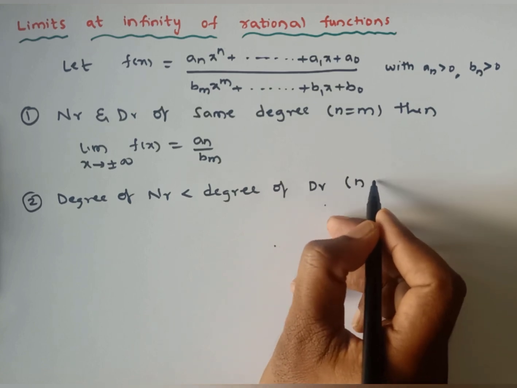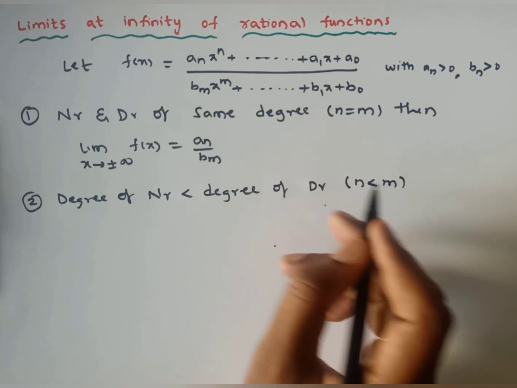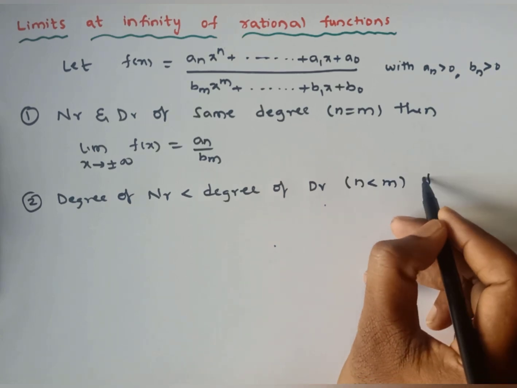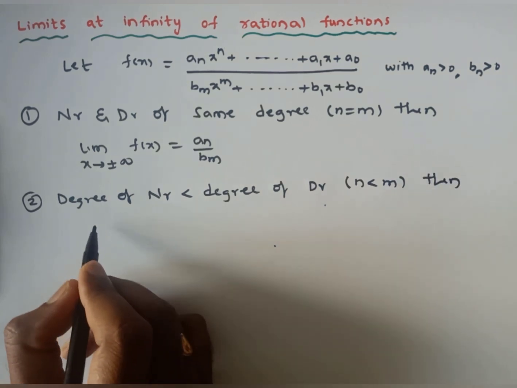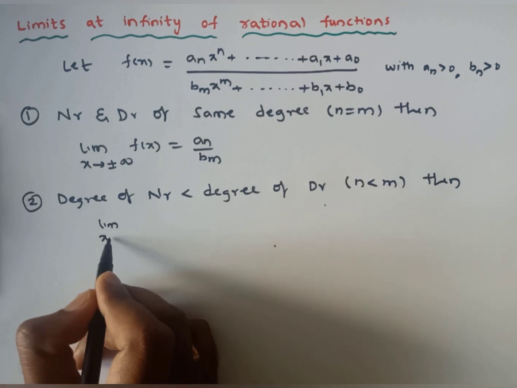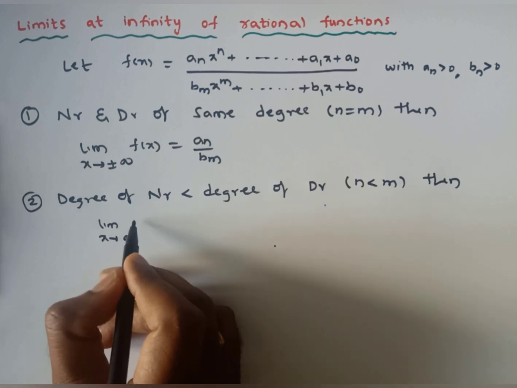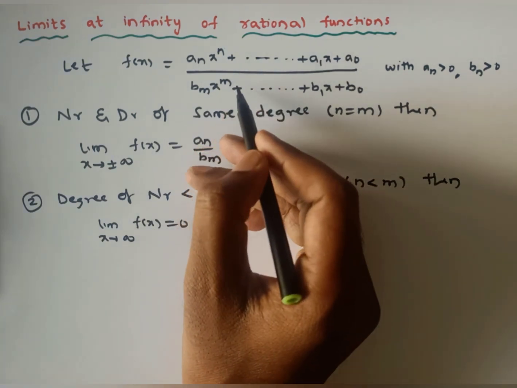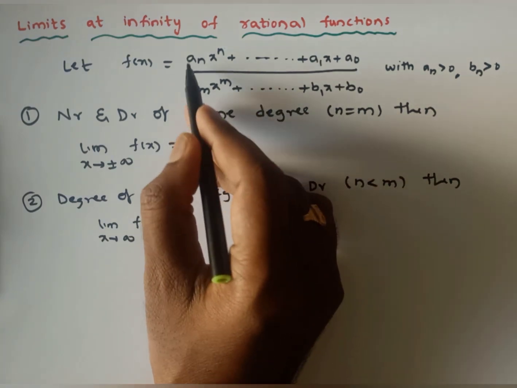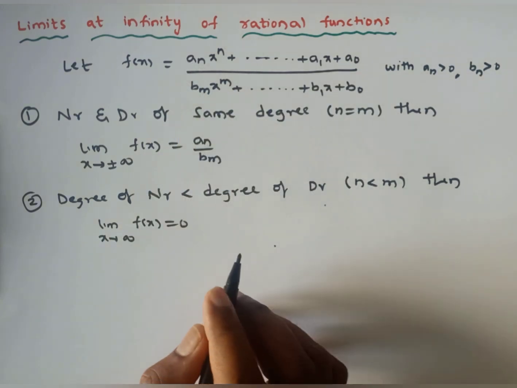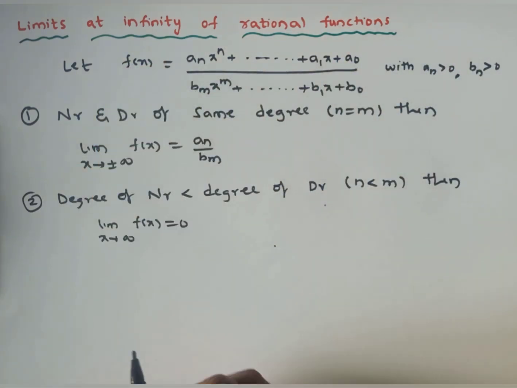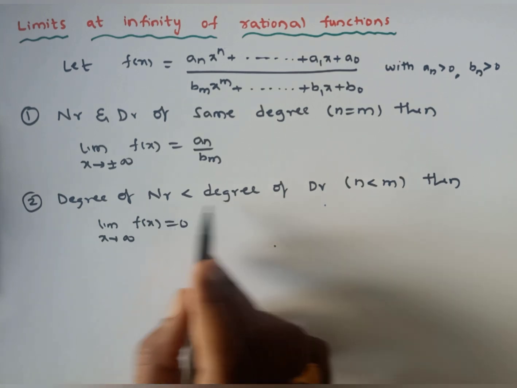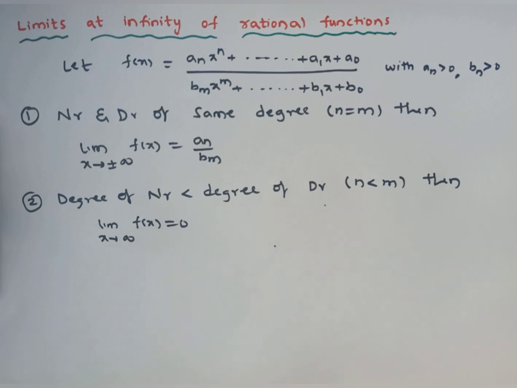That means the value of n is less than m, so the denominator has a higher degree than the numerator. Then the limit as x tends to plus or minus infinity, f of x is simply 0. After dividing, there will be extra 1/x, 1/x squared terms, so 1/x times something. The value of 1/x is always 0, so 0 times something is always 0. So in this case we can directly write the answer as limit 0.